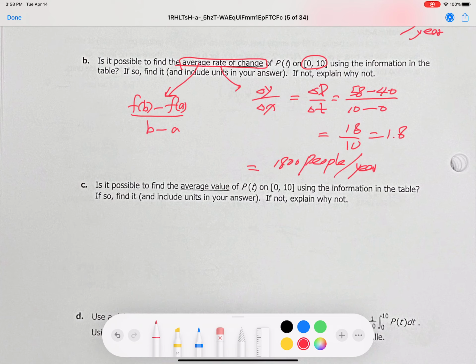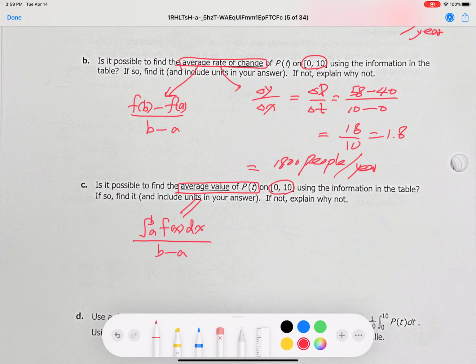But C asks you for the average value of a function, the average value of P of t. So what is the average value of P of t between 0 and 10, between a and b? The formula is the integral from a to b of f(x) dx. That represents the area under the curve with the x-axis, right? That area divided by the length, so b minus a.